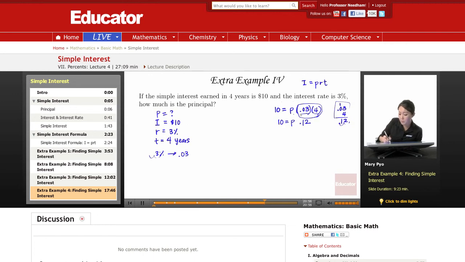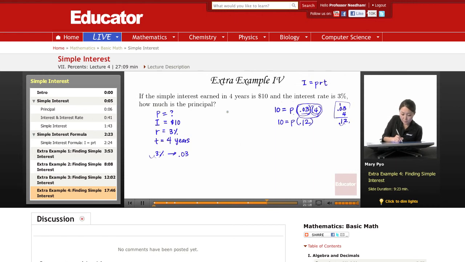It's still P times this number, right? But because I can solve these two out, it's just multiplied together, that's 0.12. Then how do I solve for P? This is also 0.12 times P. Remember my example?